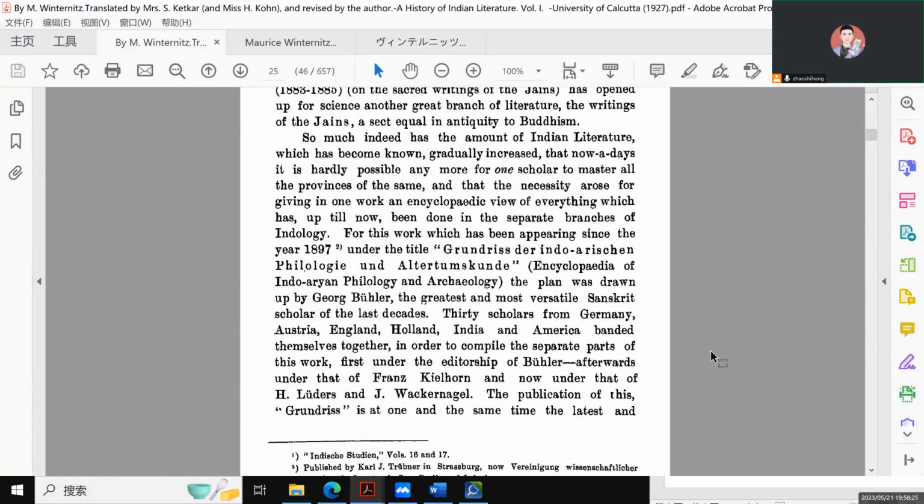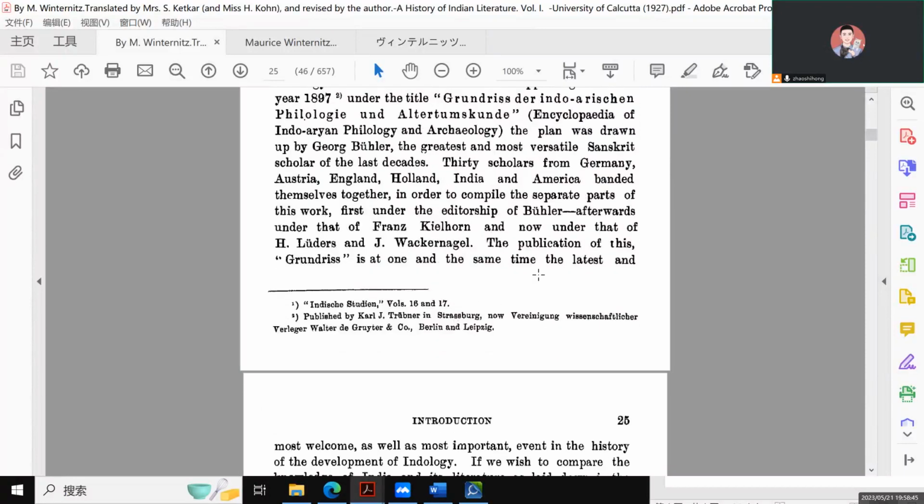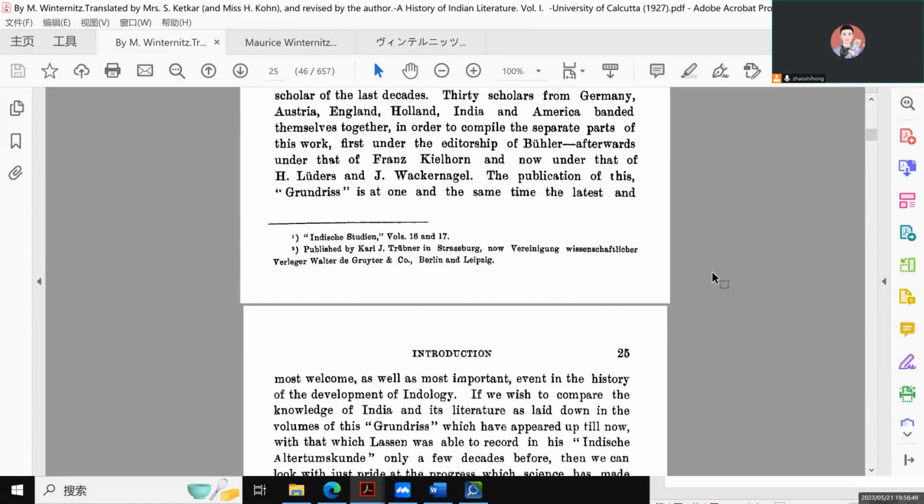And also a lot of later scholars, such as Georg Bühler, very famous Sanskrit scholar, and those from Austria, England, Holland, India, America, such as Franz Kielhorn, Wackernagel, Lüders. Basically, many of them are from Europe, especially German-speaking countries and the Netherlands.